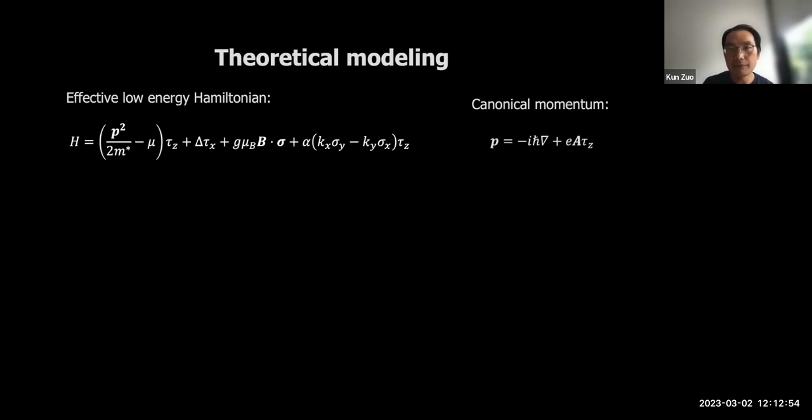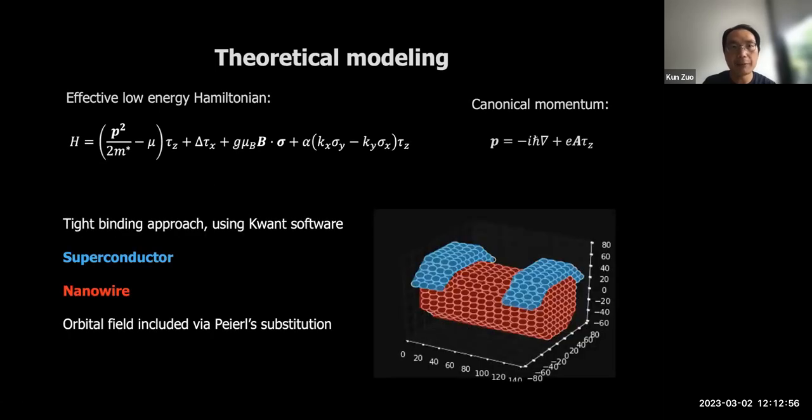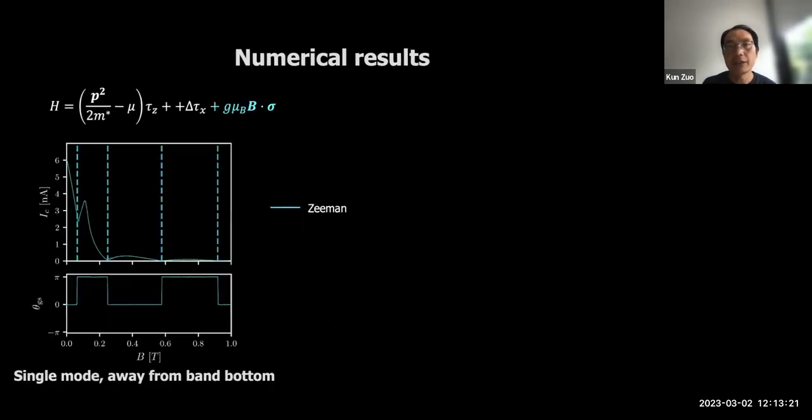We basically take the tight-binding approach and do the numerical simulation using a software called Kwant. This is a typical picture from Kwant, where you have the superconductors in blue and the nanowire in red. We also take the orbital field into account in this numerical modeling. So here are the numerical results.